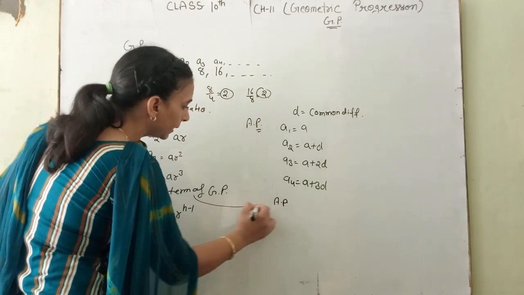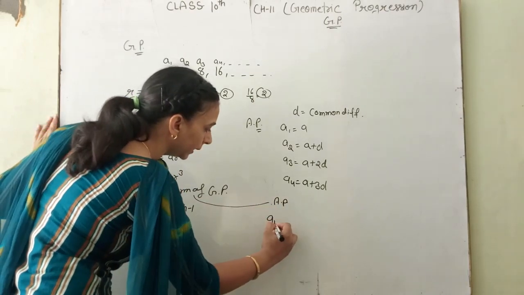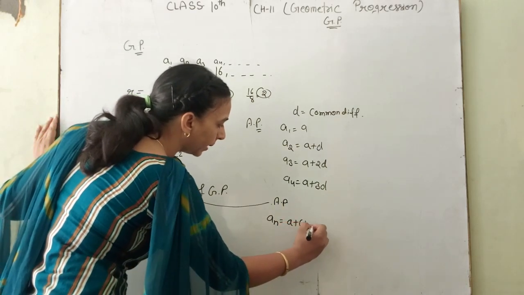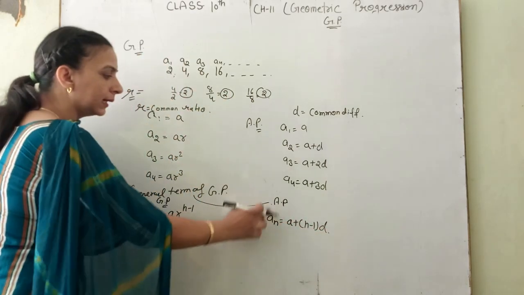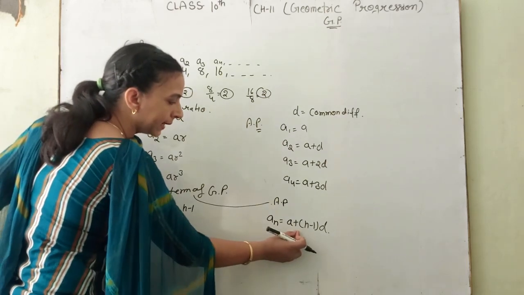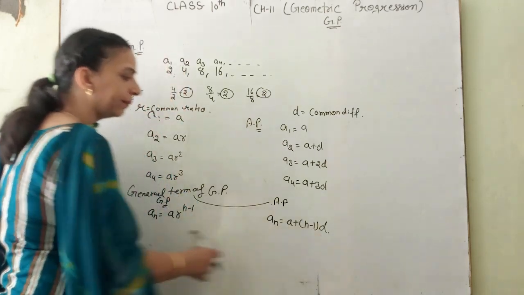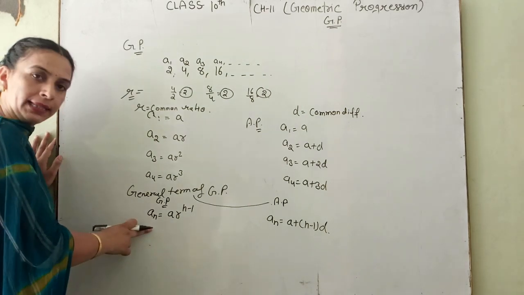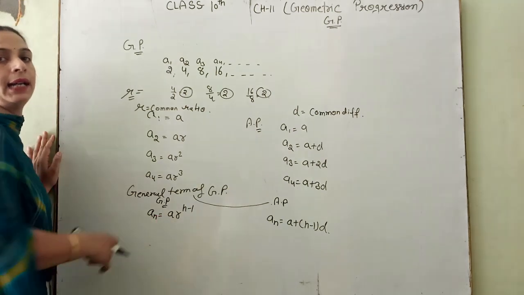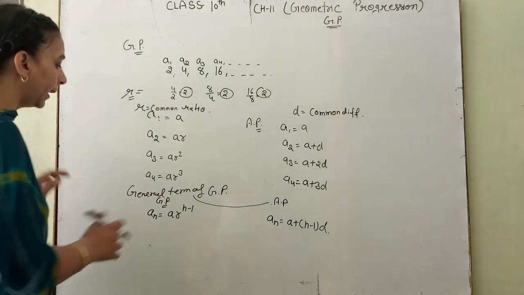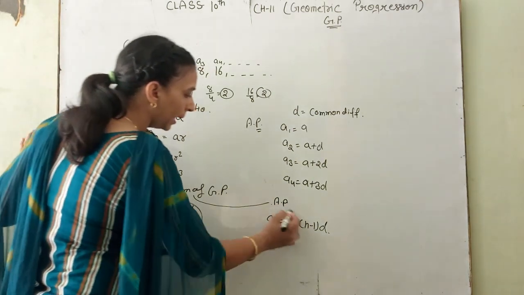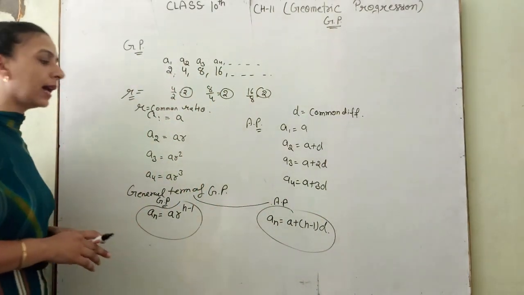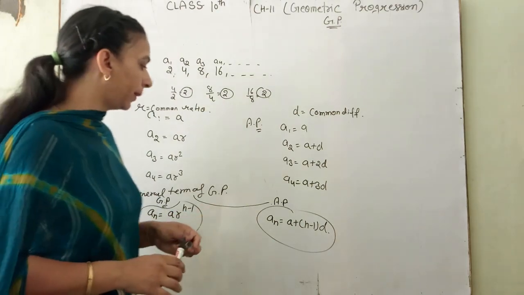The general term of AP, the nth term, equals a plus n minus 1 into d, that is, the first term plus n minus 1 into the common difference. In the general term of GP, the nth term equals a multiplied by r to the power n minus 1. We also call this the last term of AP and the last term of GP.